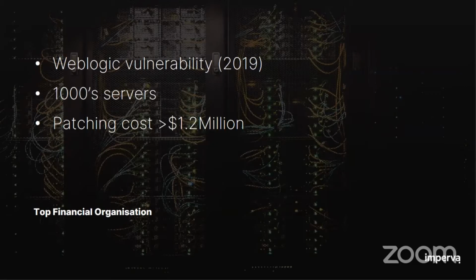But this required not just patching, but a full upgrade of WebLogic on each of their servers. In order to gain time and to protect applications while things were being upgraded, which takes cost and time and testing, and an upgrade may actually break the application, they now use Imperva RASP to protect against this vulnerability.